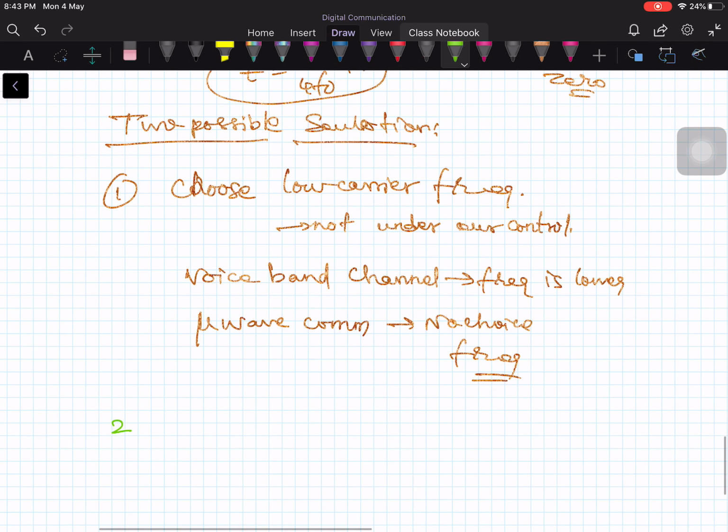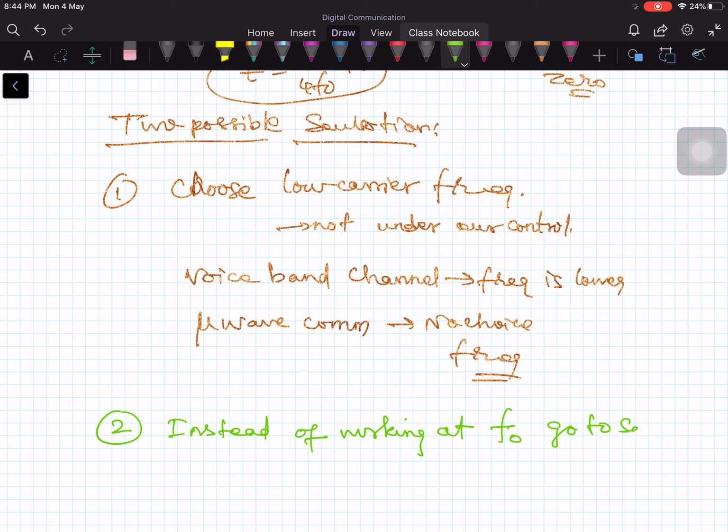The second solution is, instead of working at f naught, go to some other frequency, f1 at the receiver. So how do you do this? You do the down translating, you convert the frequency to lower frequency.